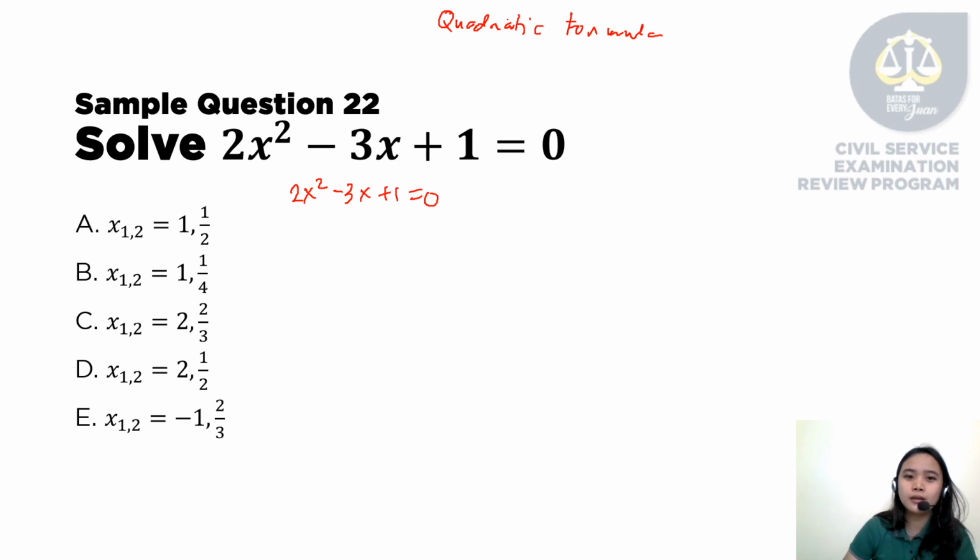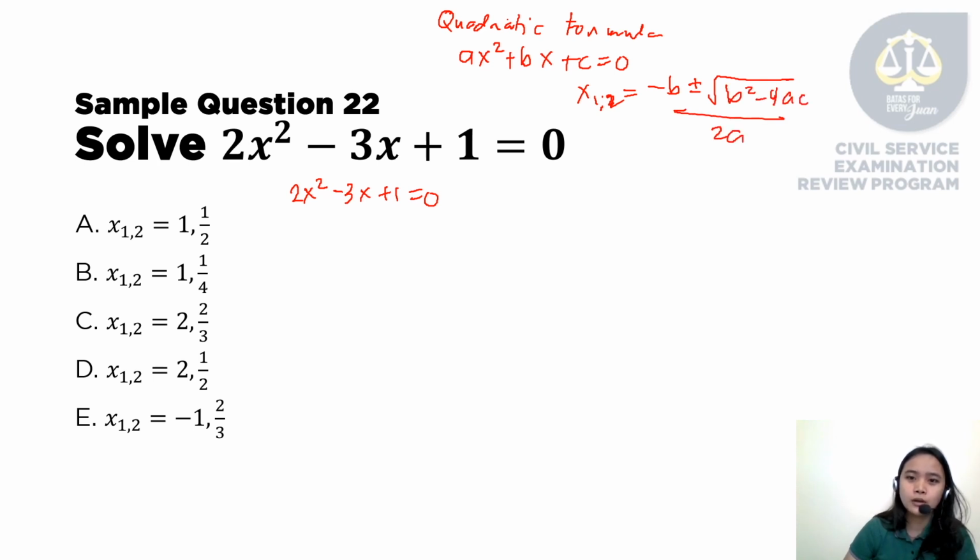So, given tayo ng quadratic equation na ax squared plus bx plus c is equal to 0, the factors are given by yung quadratic formula, which is equal to negative b, positive negative square root of b squared minus 4ac over 2a.